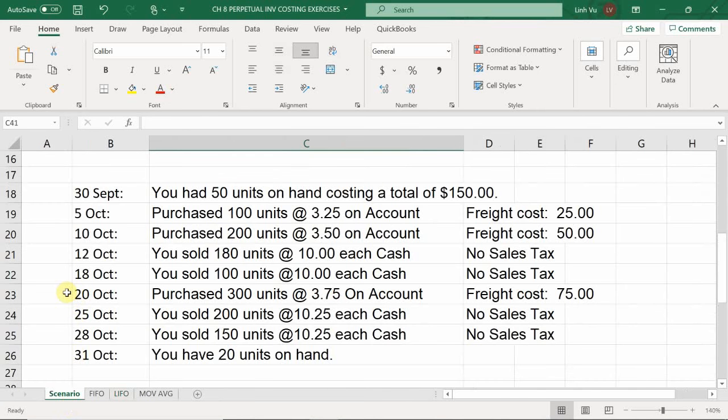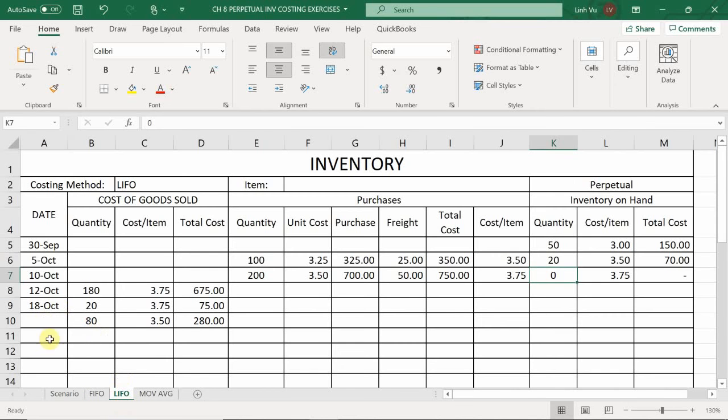So then October 20th, we purchased 300 units at $3.75 with a freight of $75.